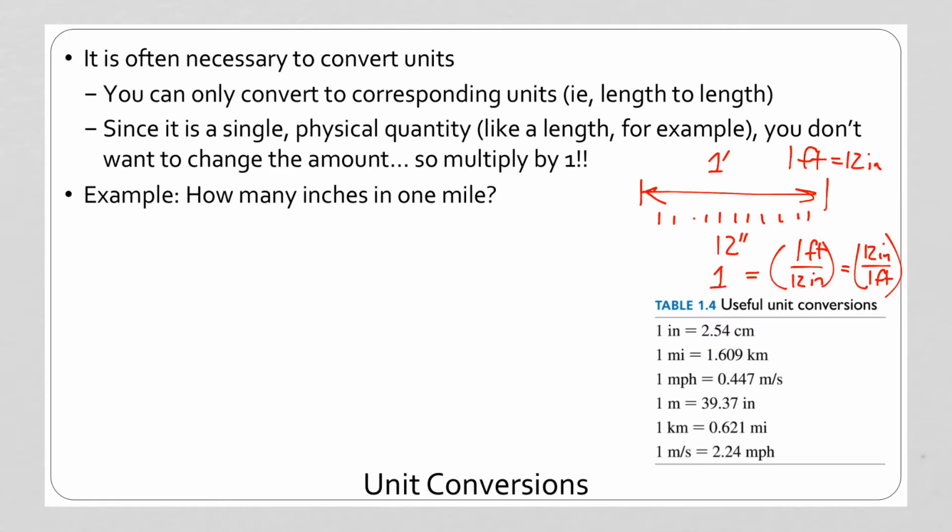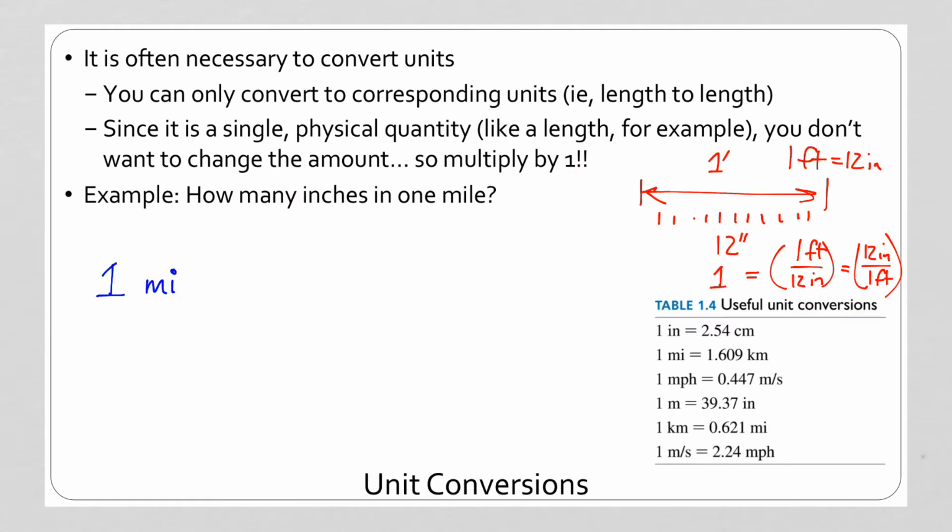So what we can do then is a unit conversion. We can multiply by 1 multiple times to convert one quantity, like a mile, into inches. So we can start with 1 mile, and we want to multiply by 1 multiple times to convert miles into inches.